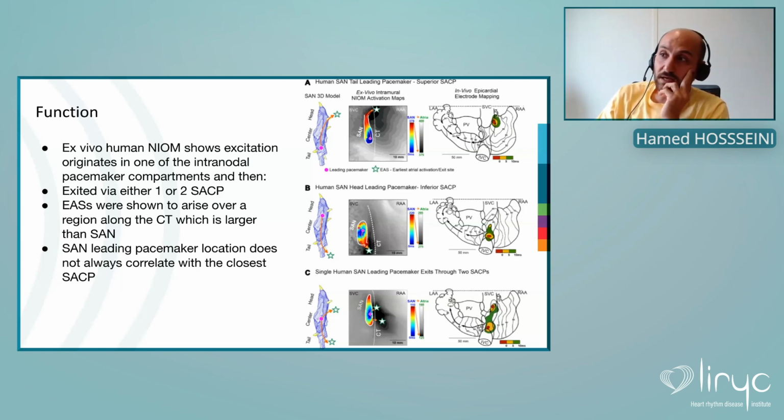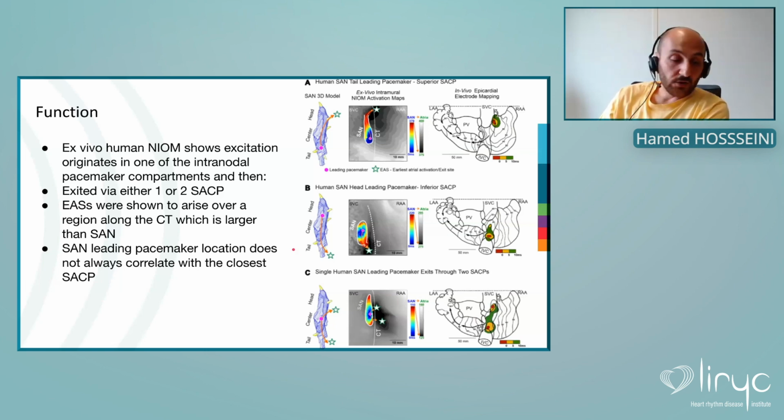As you can see, the propagation starts in one of the compartments of the SA node, and then it exits through one or even two exits to the right atrium or to the crista terminalis. For example, as you can see here, exit through two of these conduction pathways can lead to the mistaken idea of two SA nodes.